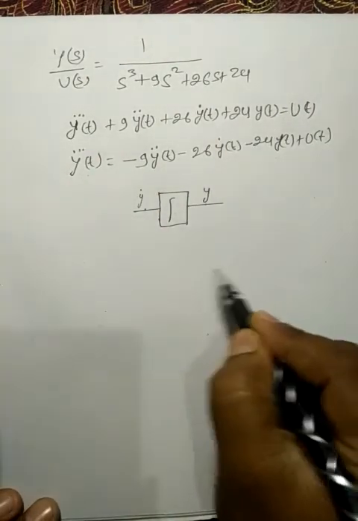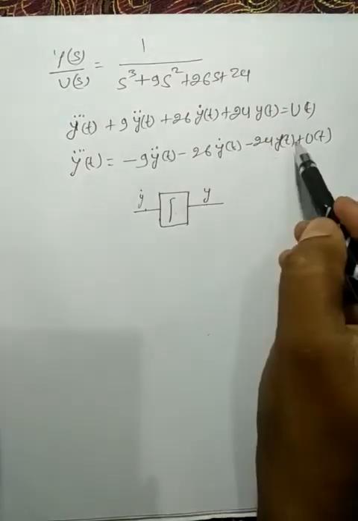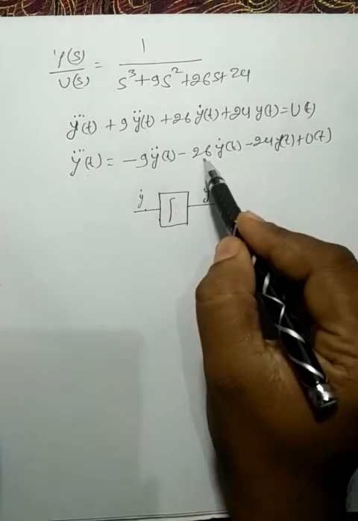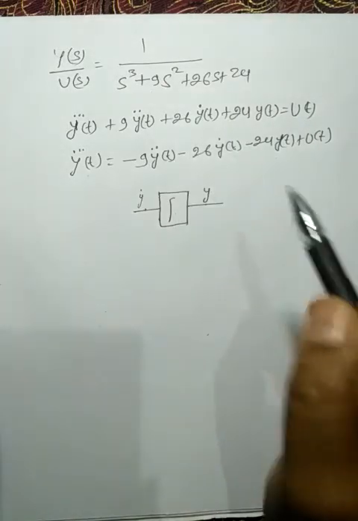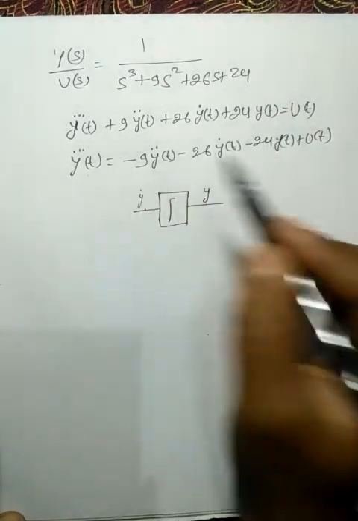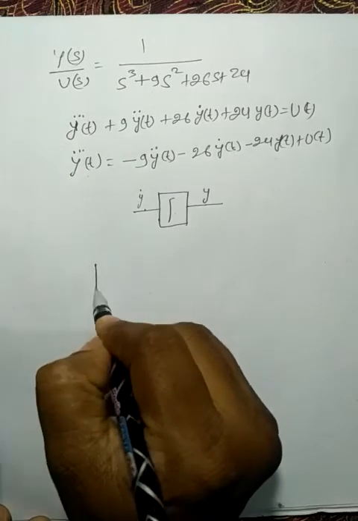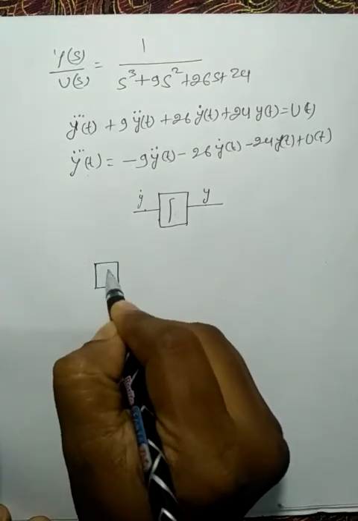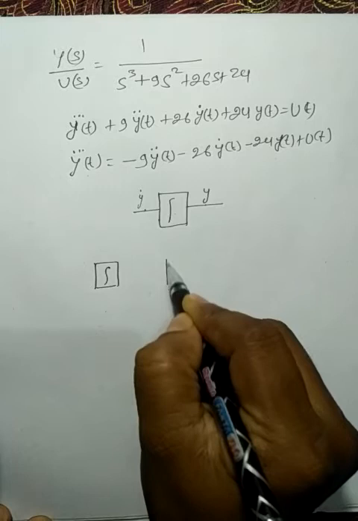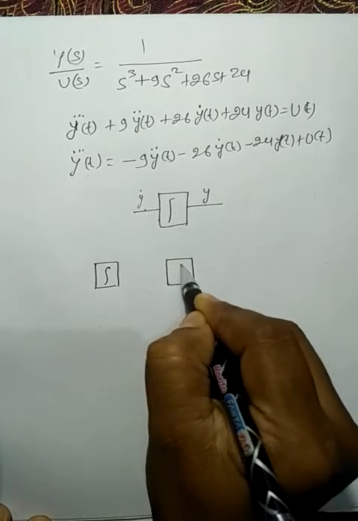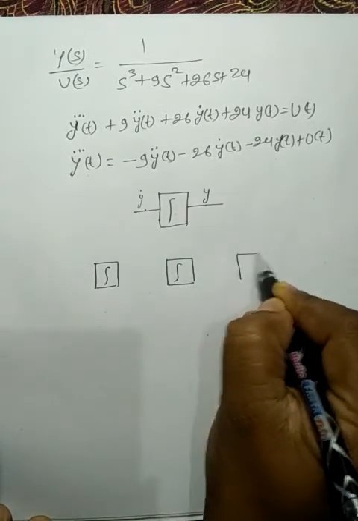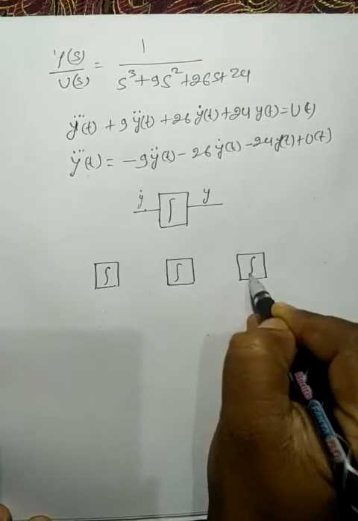I have 1, 2, 3 derivatives, so I'll take 3 integrators: first integrator, second integrator, and then third integrator.